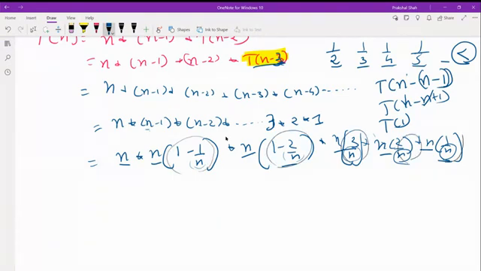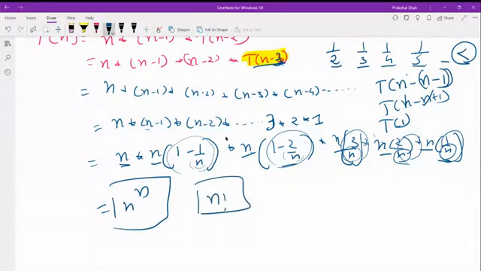You will be left with n into n into n into n, which is nothing but n raised to n. This is what your answer could be. Either you can also write it as n factorial if this is not given in your options. Either could be your answer. I hope, am I correct?